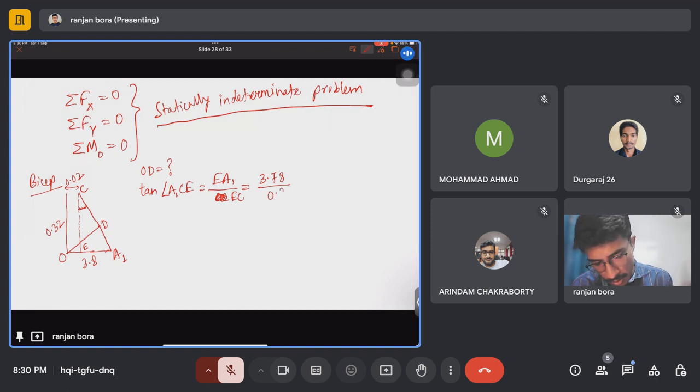EC is 0.32. If we calculate this, A1CE will come as 85.16 degrees.